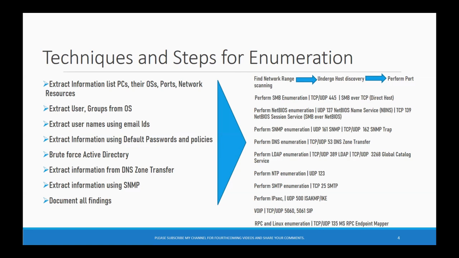Then the next is IPsec. It's UDP port number 500. All right. Internet Security Association and Key Management Protocol or Internet Key Exchange, ISAKMP or IKE, is the protocol used to set up a security association in the IPsec protocol suite.